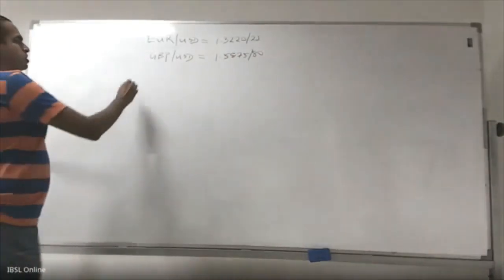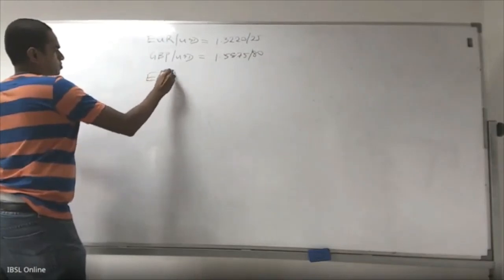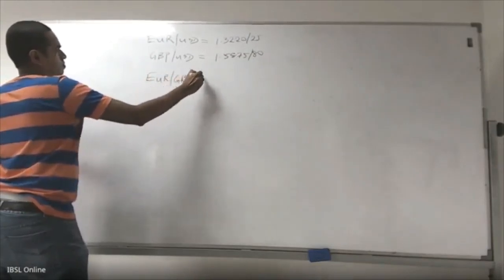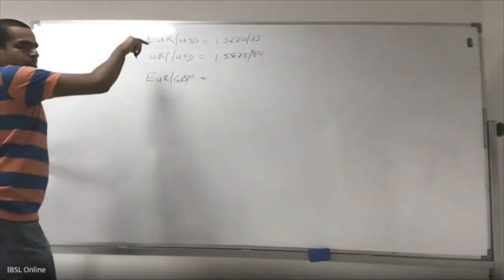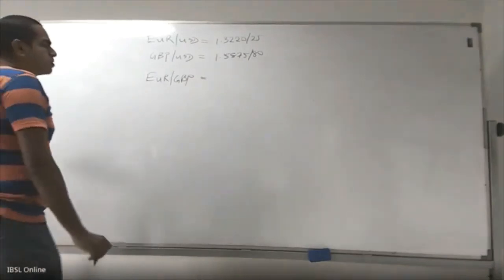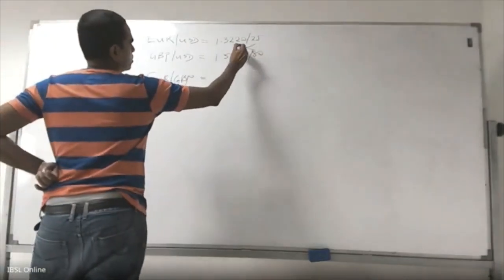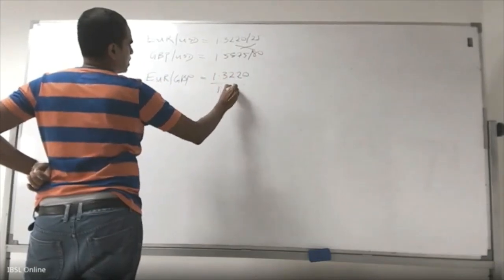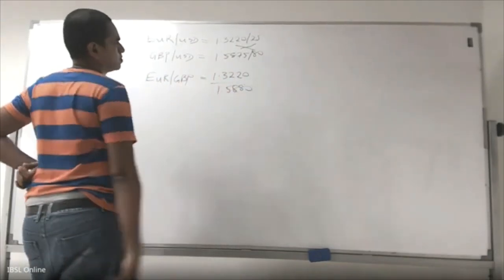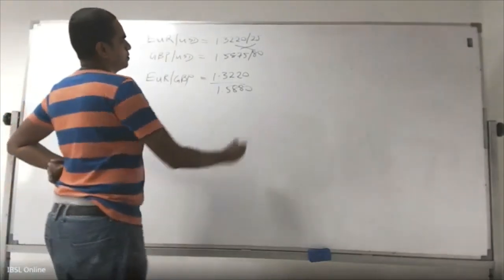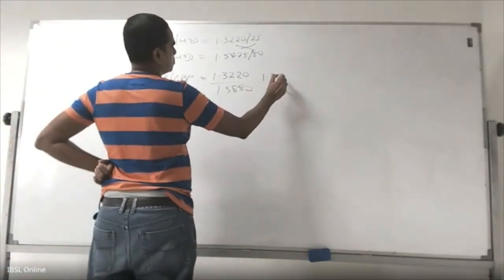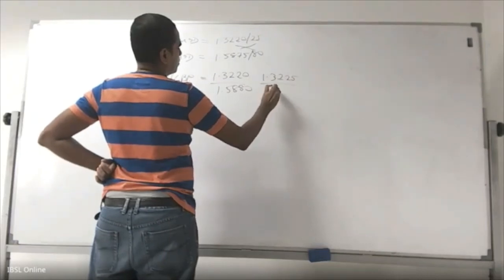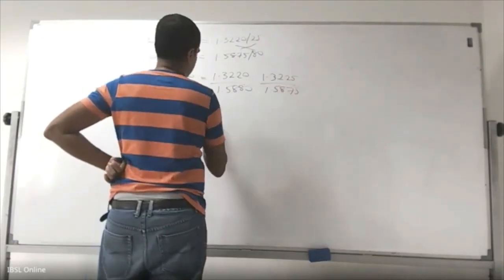So let's find euro sterling. Both currencies are indirect, meaning you need to divide, and when you divide, you go across. So it's 132.20 divided by 158.80. Upper will be 132.25 divided by 158.75.